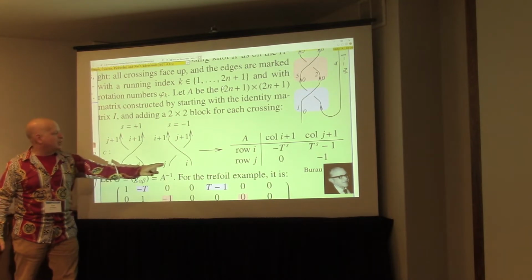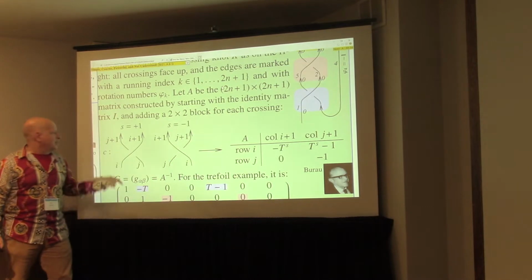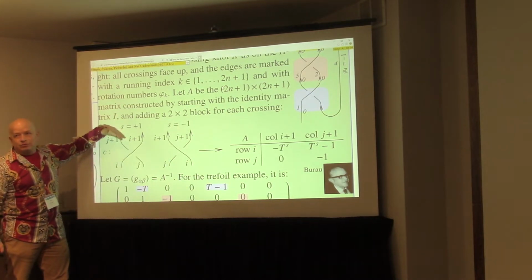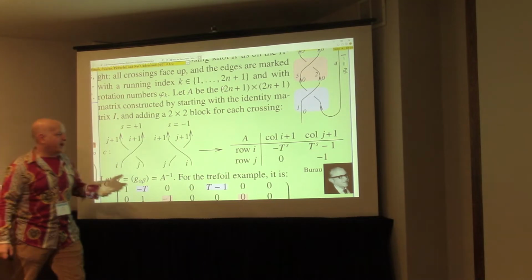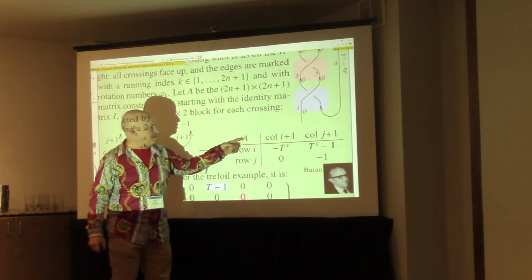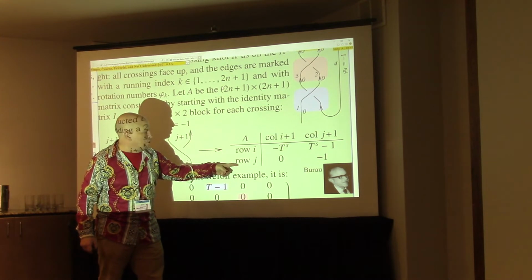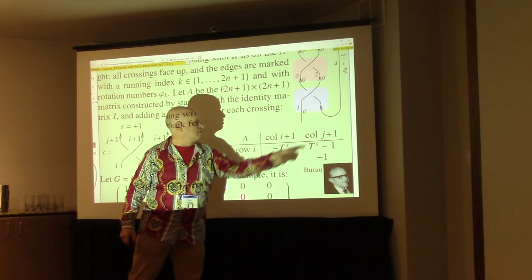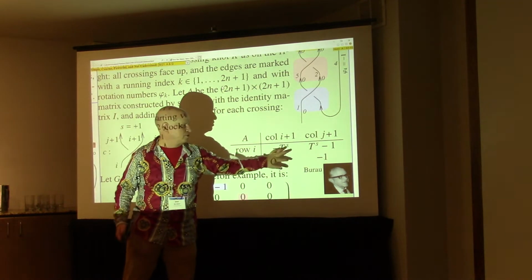So here it's i j and here it's j i, because the over strand is always i. The outgoing strands are i plus 1 and j plus 1. Then you add a block to the matrix A in row i and row j and column i plus 1 and column j plus 1. You add this matrix, written here.